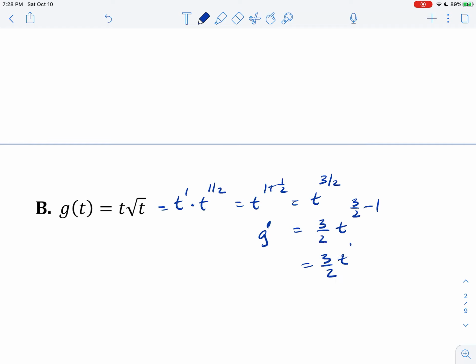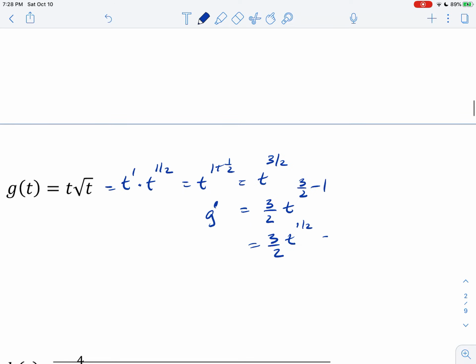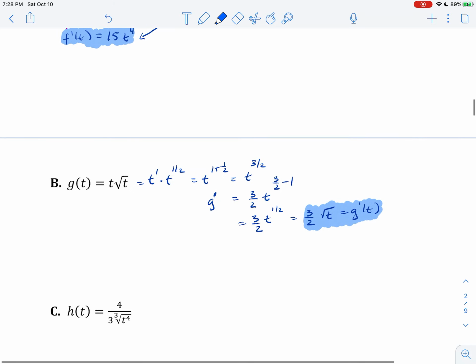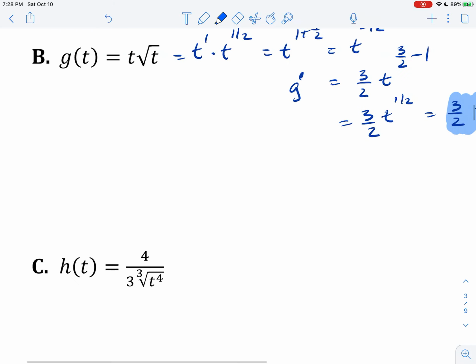And 3/2 take away 1 is going to be 1/2. And so then I can say that this is going to be 3/2 times the square root of t. Good. We do not want to take the derivative of t times the derivative of root t. It's just the derivative of a constant times a function is the constant times the derivative of that function.